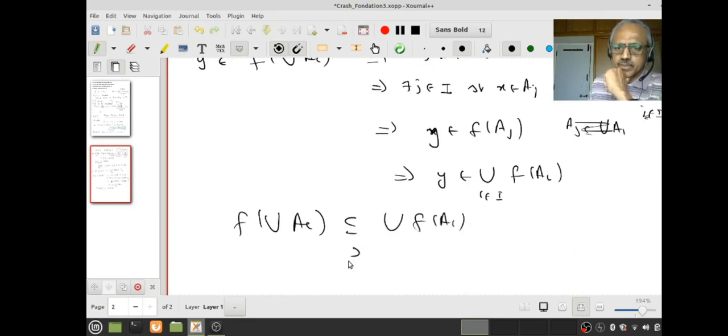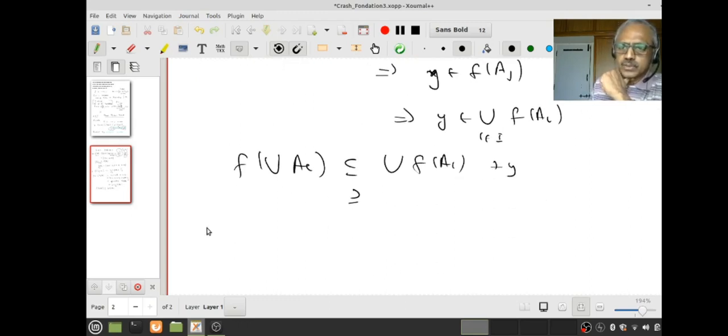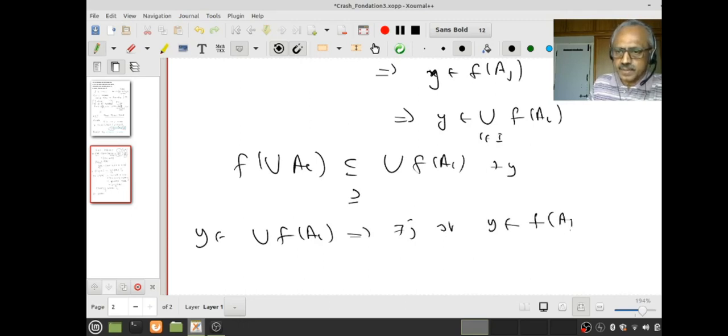Now we have to prove the converse. So let's start with the y here. So y belongs to union f of A_i. What does that mean? There is a j, so that y belongs to f of A_j. That means there exists j and x in A_j, so that y equals f of x.